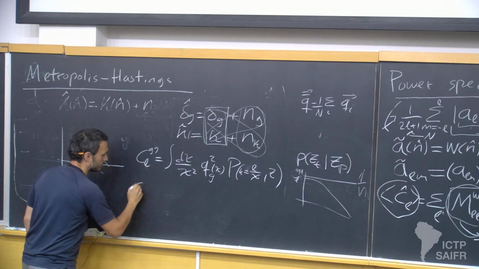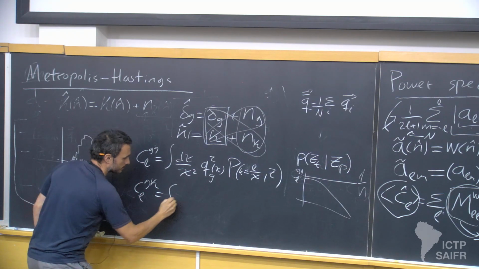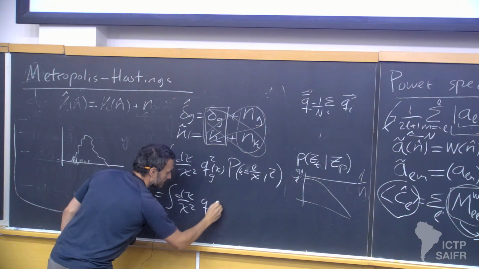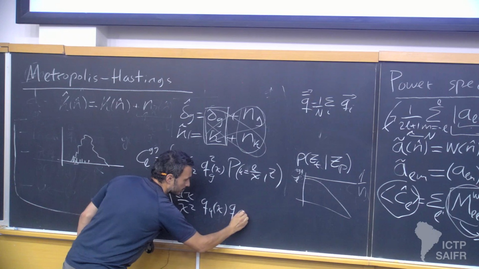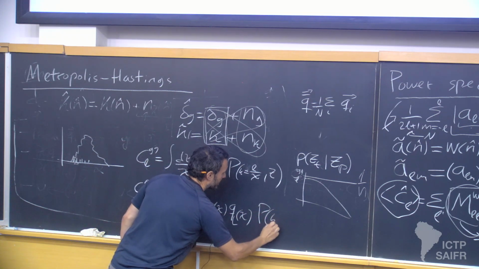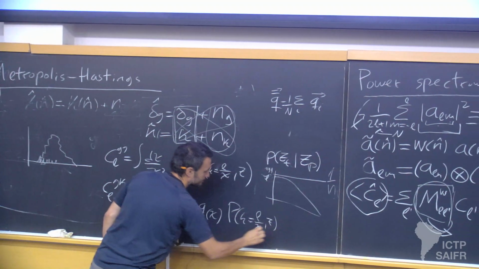And then C_L G kappa is going to be equal to the same thing, Q_G of chi, and then the lensing kernel, remember, Q_L of chi, and then the power spectrum P of k equals L over chi, and z.